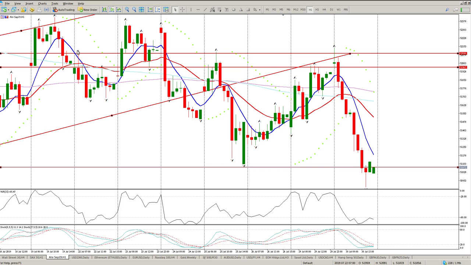You can see there's inside tails there as well. So that was our zone, and you can see we tested it the day before, and then we got this rejection bar in the zone. So the entry was below this on the break with a stop above there.